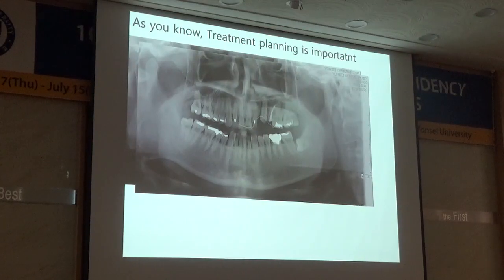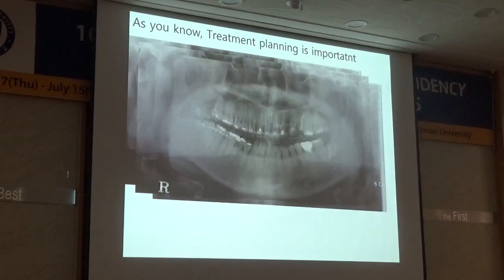He said, "You have to save this tooth. This is a very good tooth. I will put the tooth in your mouth, and then we will extract the tooth." So the patient agreed. But the problem is the surgeon had no idea when to start the orthodontic treatment. So the patient was left for several months, and then referred to an orthodontic clinic, and then this is the final result.